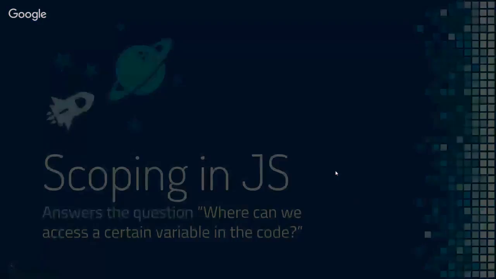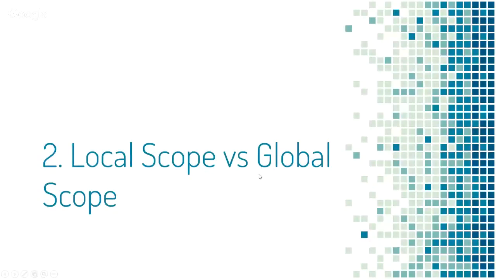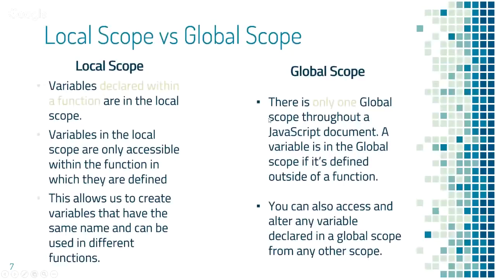Now, there are two types of scope in JavaScript. Those are local scope and global scope. Let's take a look at what each of them is and when they occur. Here, as we can see, the local scope consists of the variables declared inside a function.